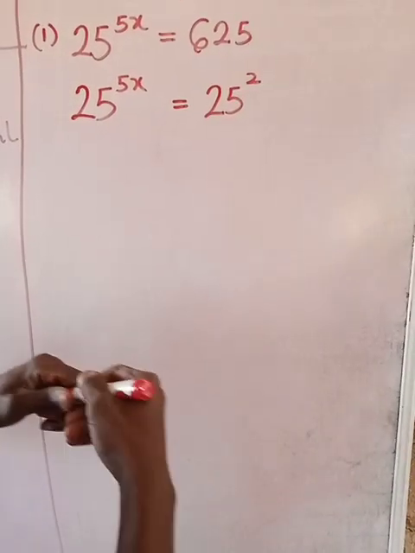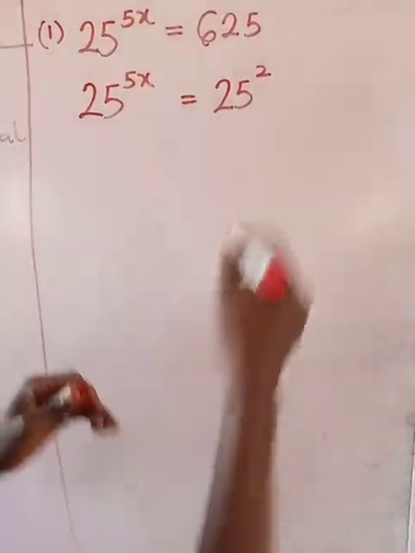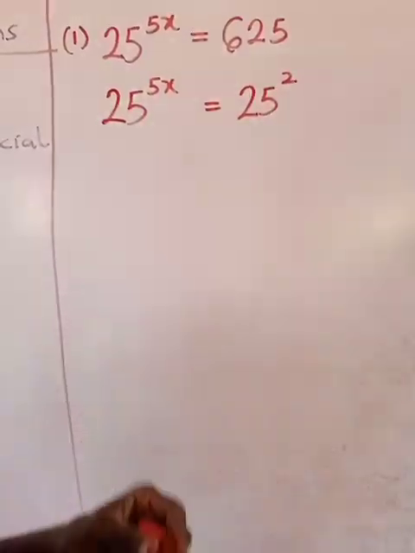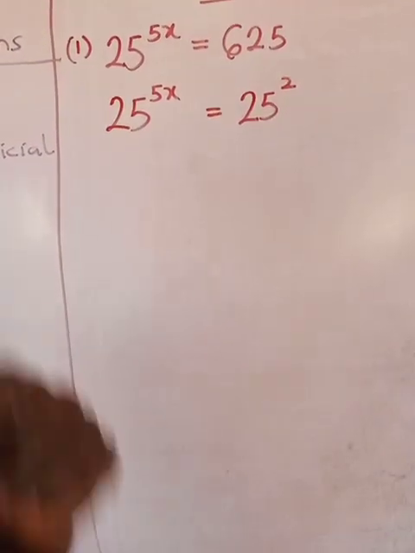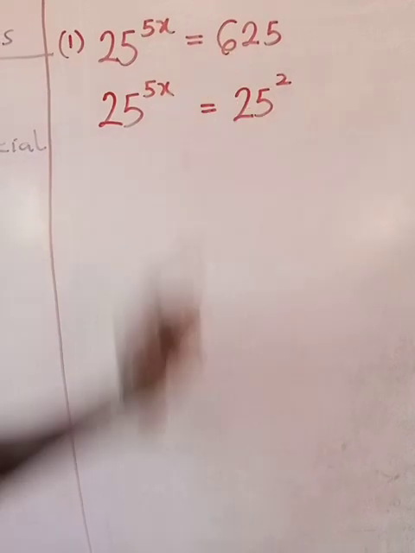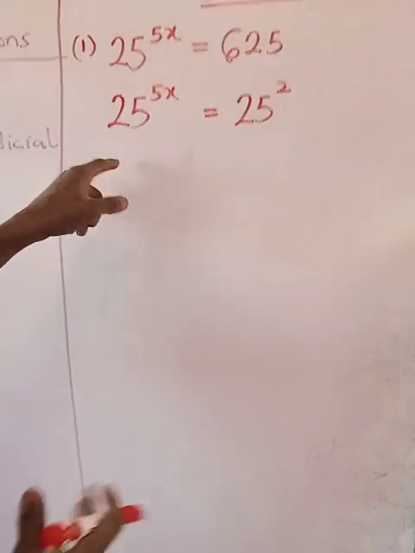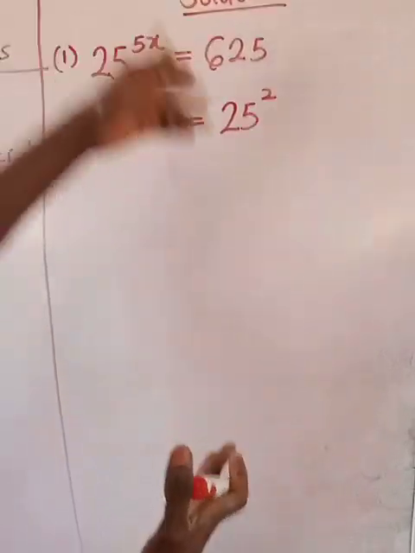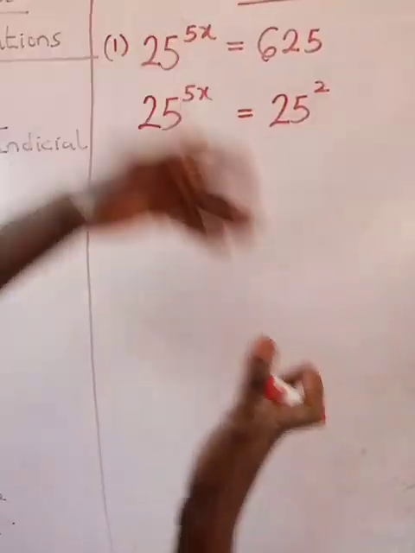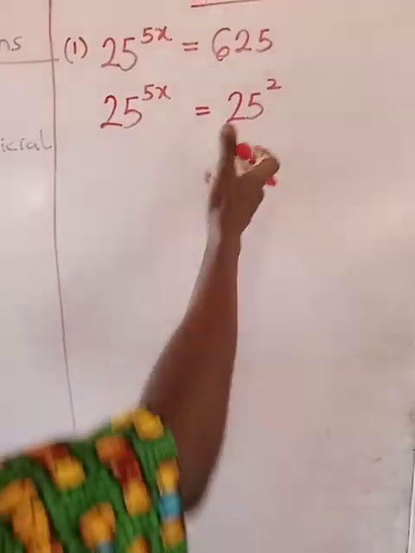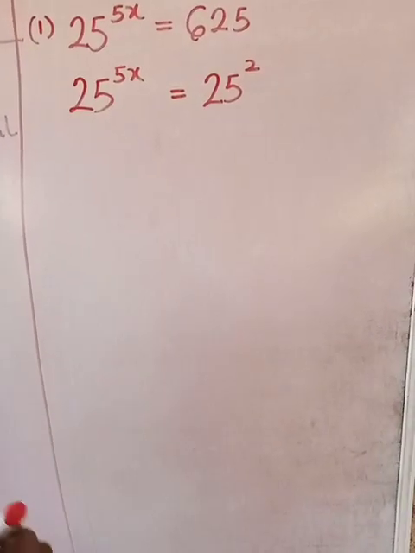It means 25 times 25. 25 raised to power 2 is not 25 times 2. It means 25 times 25, and that is 625. So how did we get to know this? Look at the base at the other side. If not the exact base, there should be something that connects with each other.